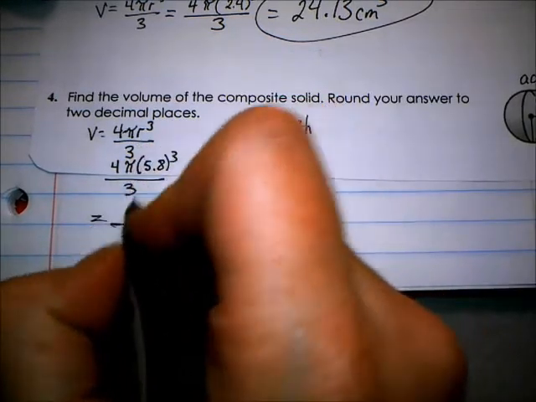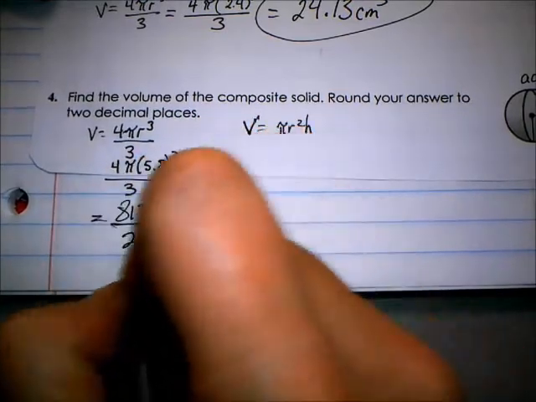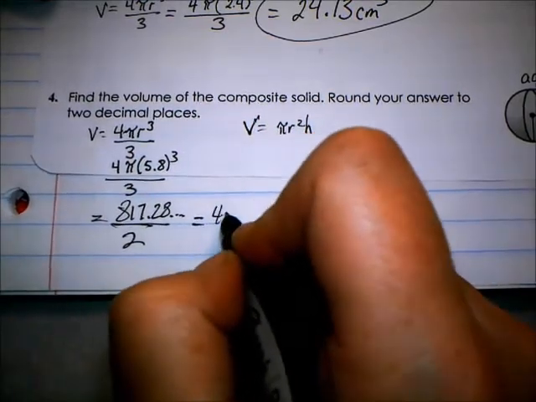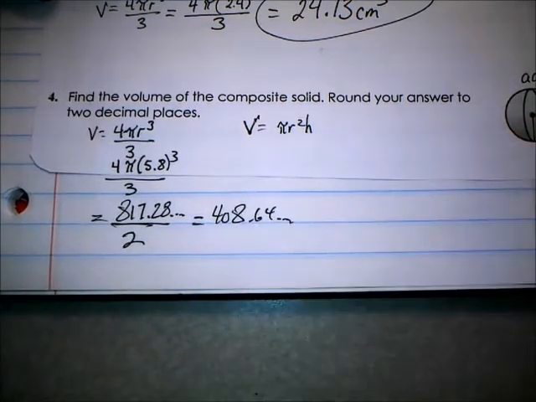Okay, so I have about 817.28 and on, and then I divided this by 2, and I came out with about 408.64, and so on. And it's in my calculator.